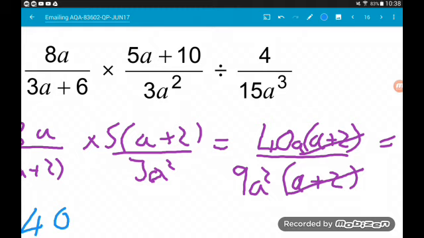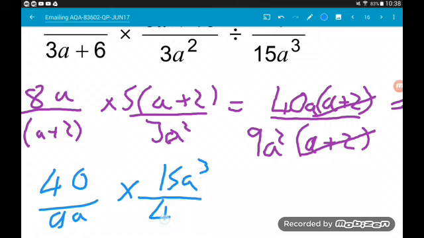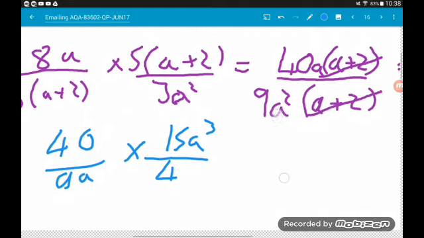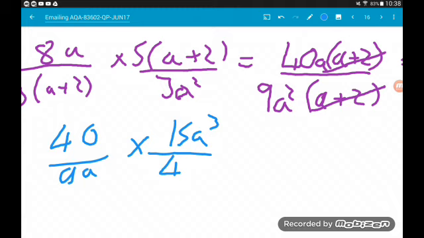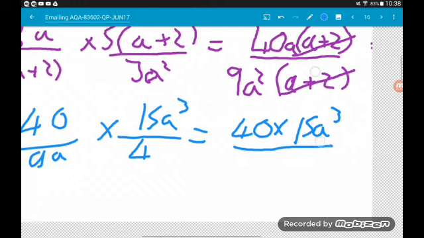So if we're dividing by 4 over 15a cubed, we're actually multiplying by 15a cubed over 4. So if we do that, well, we're going to get, let's just write it as 40 times 15a cubed over 9a times 4.